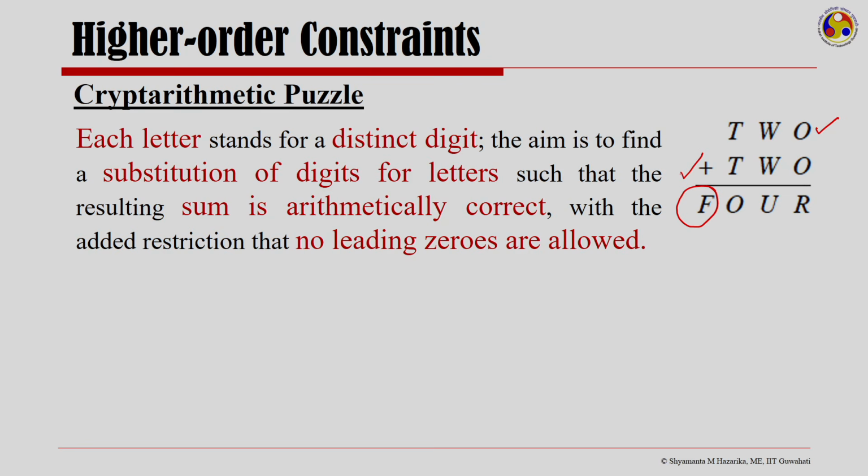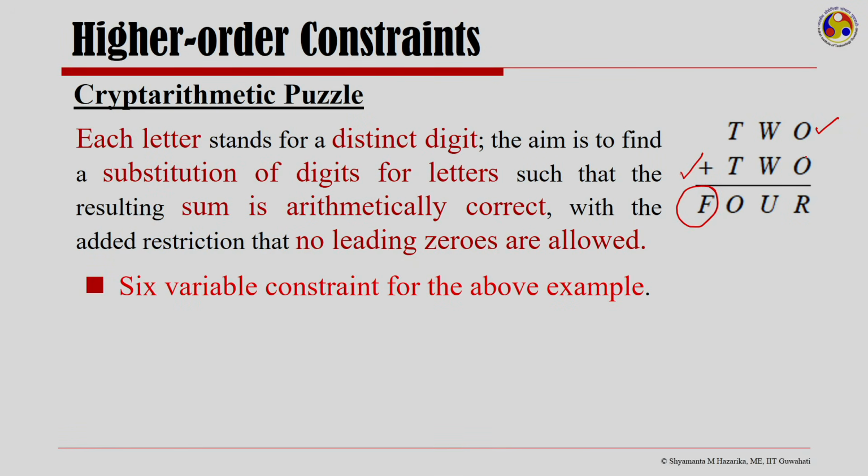When we are trying to solve such problems, we can see that this small problem of saying 2 plus 2 is 4, we have 6 variable constraints for the above example. This literally means that all 6 letters, T, W, O, R, U and F, are together in a constraint, and the constraint is that all of them need to be different digits.